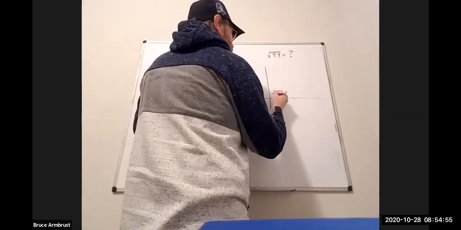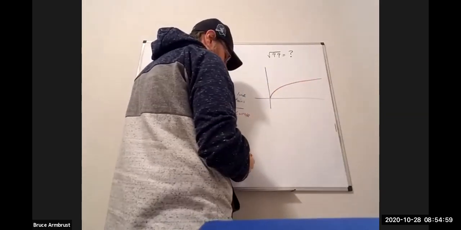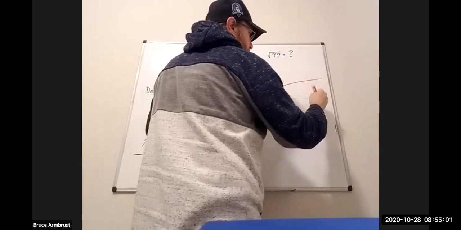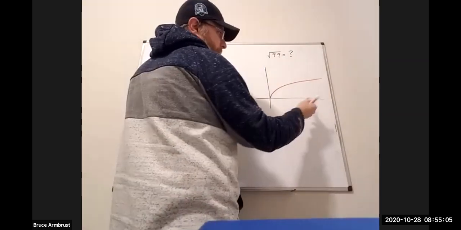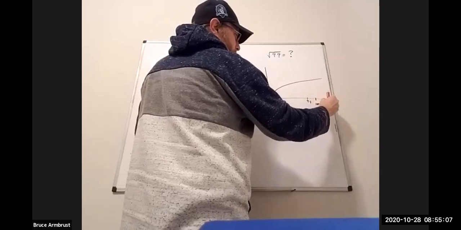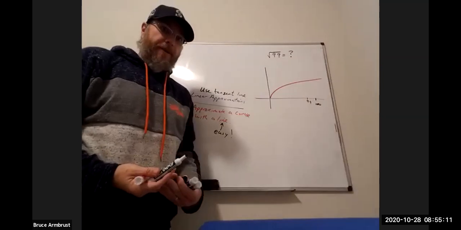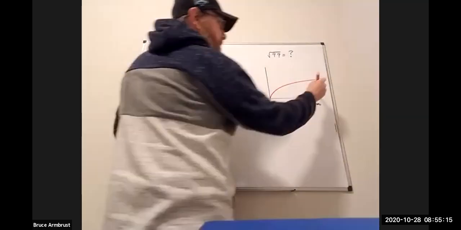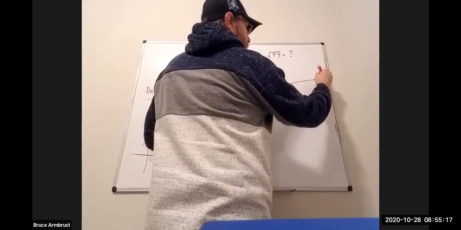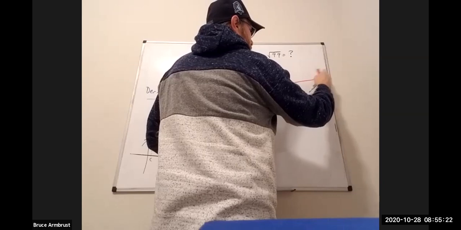So we've got the square root function. Somewhere over here is 99, right? But 99 isn't a nice number. A nice number for us is going to be 100, because we know the square root of 100. Oh, that's just 10. So somewhere over here is 100, and we can get the tangent line at 100.